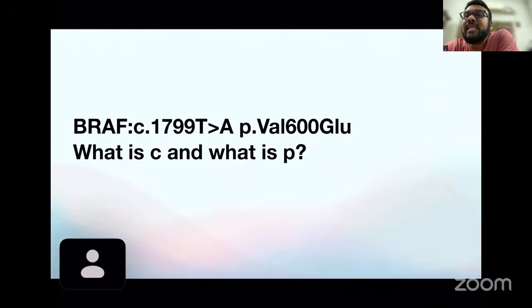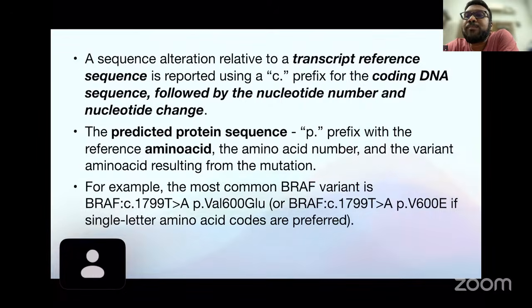So here we have p.Val600Glu. This indicates the amino acid number and the variant amino acid resulting from the mutation. So this is the BRAF mutation. Earlier we used to call it BRAF V600E. That was how it was called. Now we have expanded it.